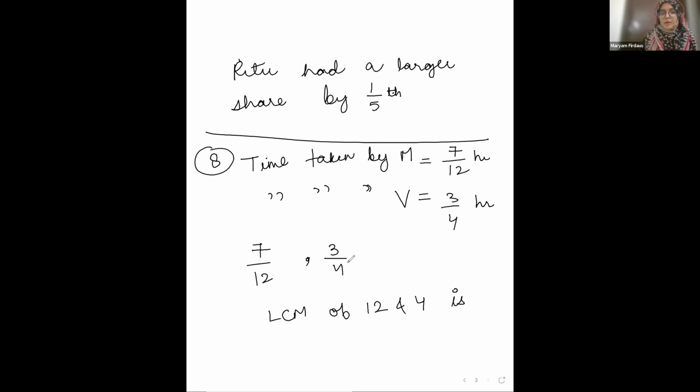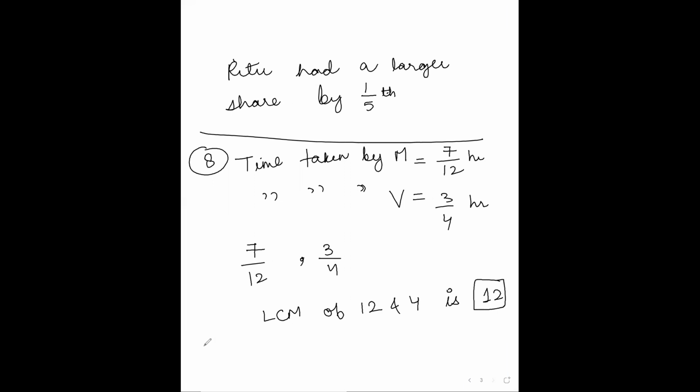The LCM has to be a multiple of 4 and it is a multiple of 12 also. It will be 12. Very good. LCM of 12 and 4 is 12.